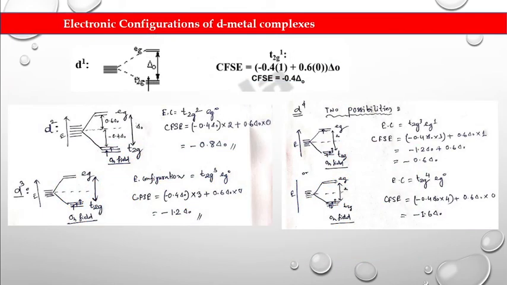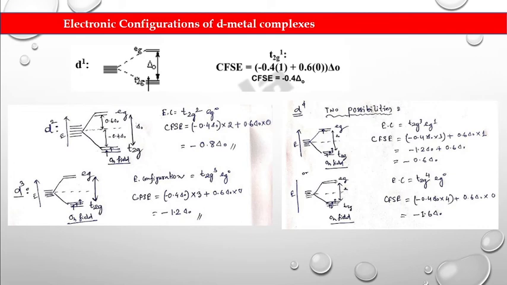Now we have to calculate the CFSE for different configurations. For d2 it will be 2 into minus 0.4, which is minus 0.8 delta naught. For the d3 configuration, it is written here, minus 1.2 delta naught. For d4 there will be two possibilities.